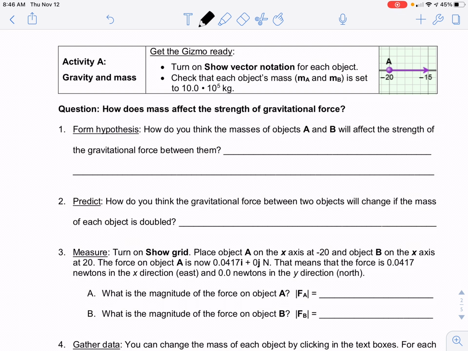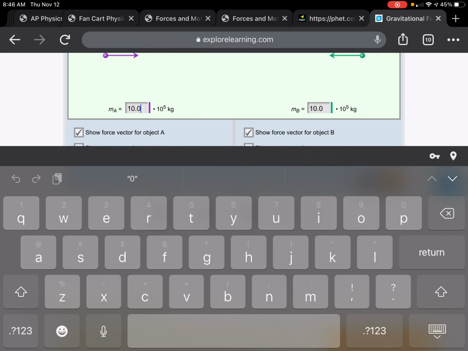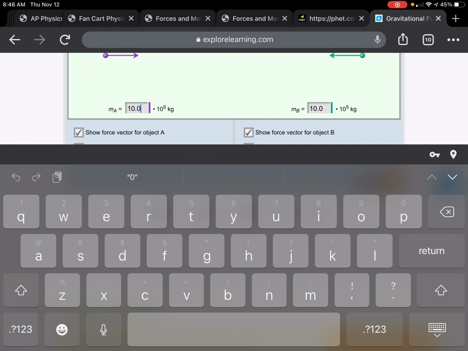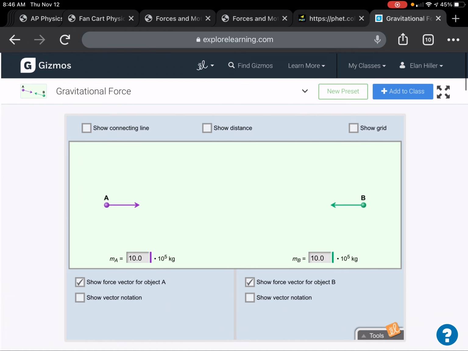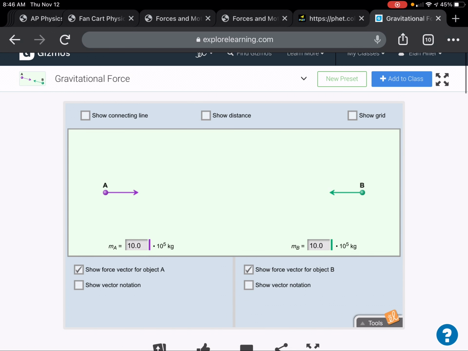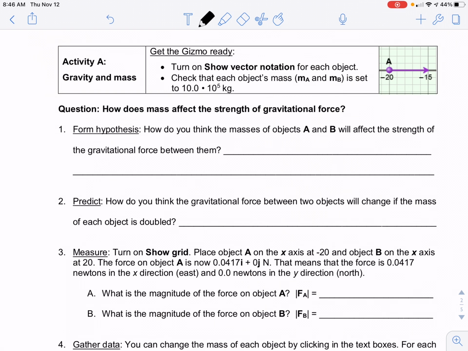So from 10 to 20 to 30, okay? But as you can see, you have the ability to change it. We're going to make sure that both of them are set to 10 times 10 to the 5. Okay, I'm going to turn off those arrows as the directions say to turn on the vector notation for each mass.